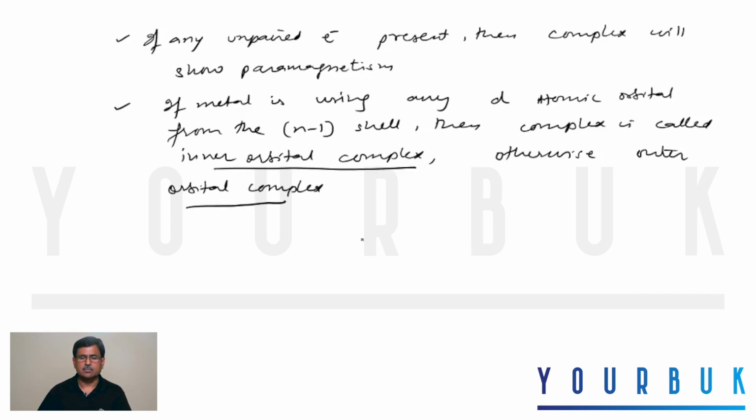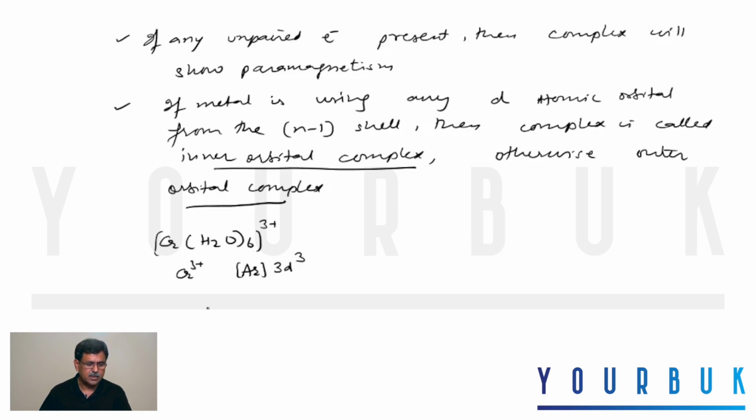So we take now some examples to explain the valence bond theory. The first example is a chromium complex, Cr(H2O)6 3+. Look at the steps of how we work out the valence bond theory in complexes. Step 1: the oxidation state of chromium is 3+, so we write the configuration of chromium 3+, argon 3d3.